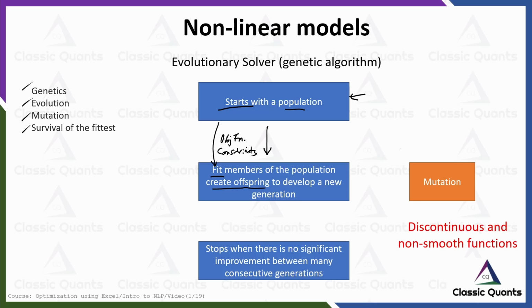Similarly, it will verify the objective function value for all the members of the population, and the members which are giving you not so satisfactory objective function values. For example, if it is minimization and the member is giving you higher values, like maximum values, then those members will also not be fit for producing offspring.